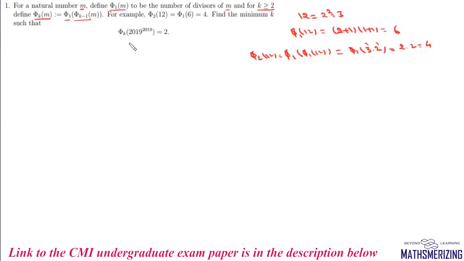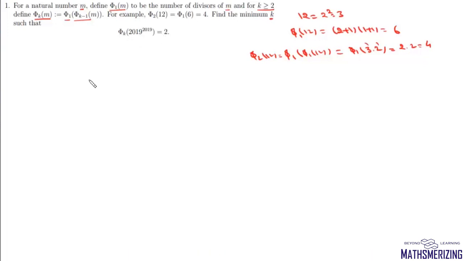Now in the question it says find the minimum k such that phi k of 2019 to the power 2019 is equal to 2. So we are given this number, 2019 to the power 2019. Now 2019 is not a prime number. We can write 2019 as 3 into 673.